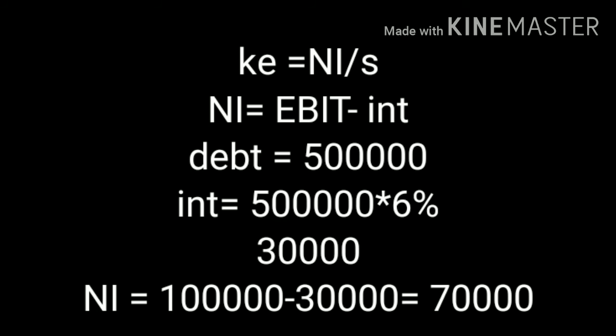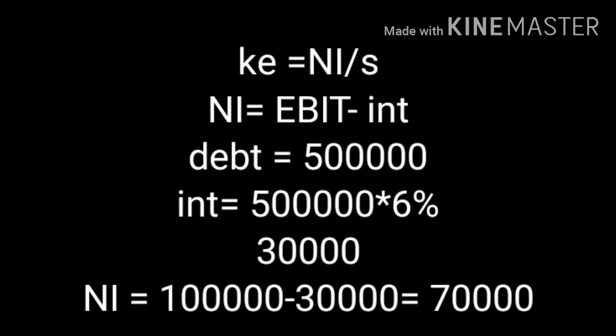So, deduct only interest from EBIT. Calculation of interest: here debt capital is 5 lakh, interest rate is 6%. So interest is equal to 5 lakh into 6 by 100, and 30,000 is interest on debt capital. EBIT 1 lakh minus interest 30,000 gives net income or earnings available to equity shareholders.